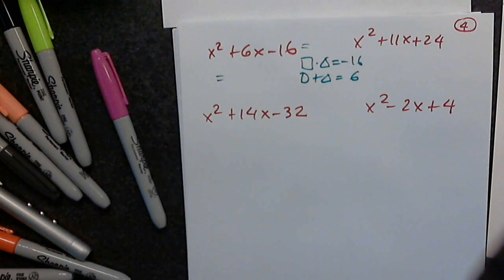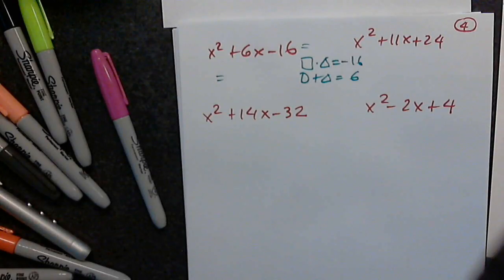The product is negative, so I'm looking for a positive and a negative. Now the sum is 6, so they have to be 6 away from each other, because one is positive and one is negative. So what numbers multiply to give 16? 1 times 16, 2 times 8, 4 times 4. There is nothing else. Which of these three will work?